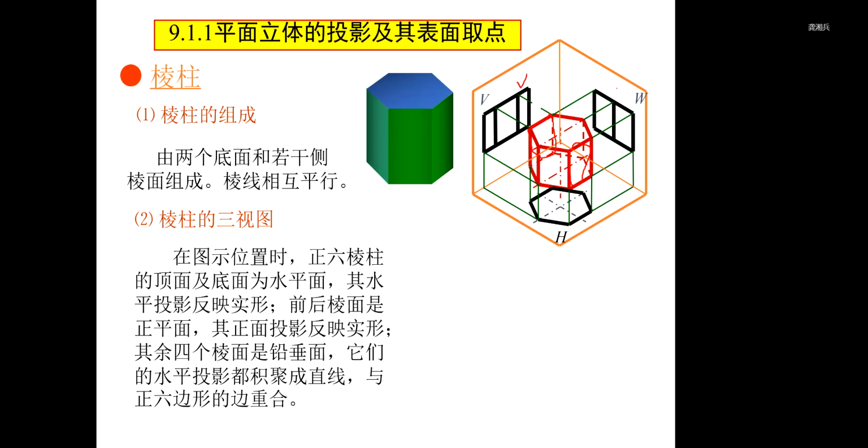It's perpendicular to V and also perpendicular to W, but it's parallel to H. But why is this plane not a parallel plane? Because this plane is only perpendicular to H, but on the V and on the W it is oblique. So this is the difference between the parallel plane and the perpendicular plane.